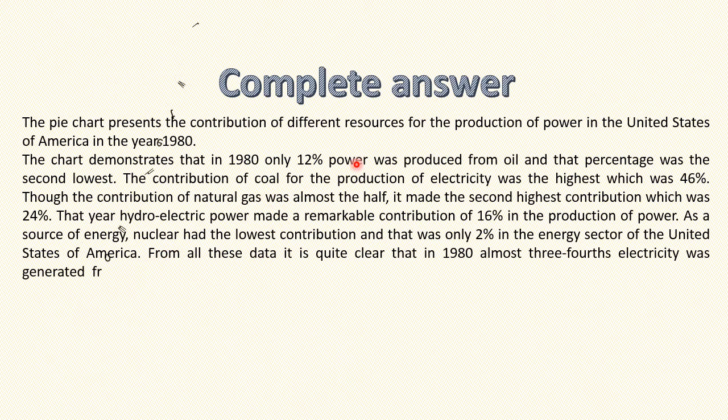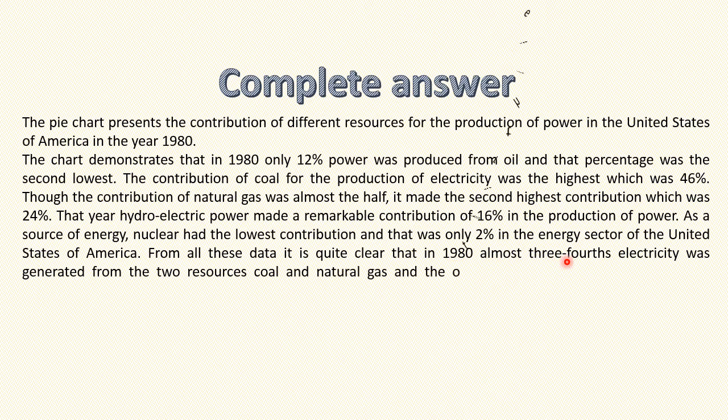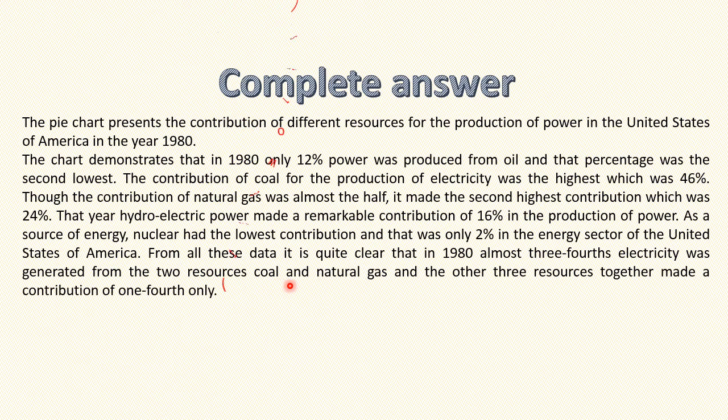From all this data, it is quite clear that in 1980 almost 3/4 electricity was generated from the two resources, coal and natural gas, and the other three resources together made a contribution of 1/4 only. And there are 153 words in the complete answer.